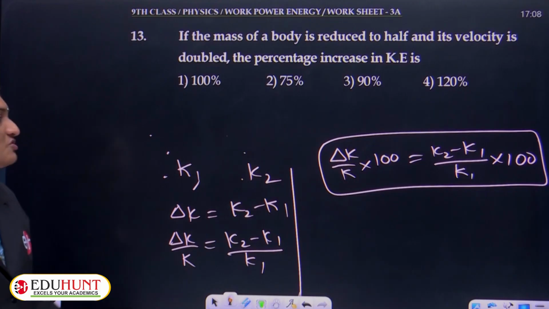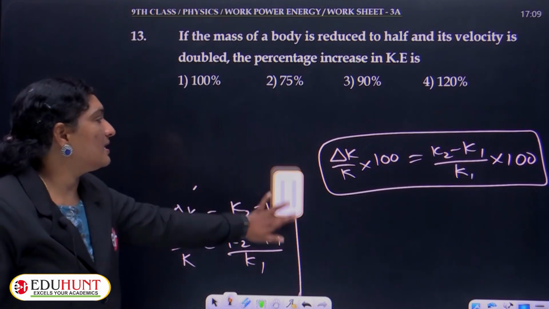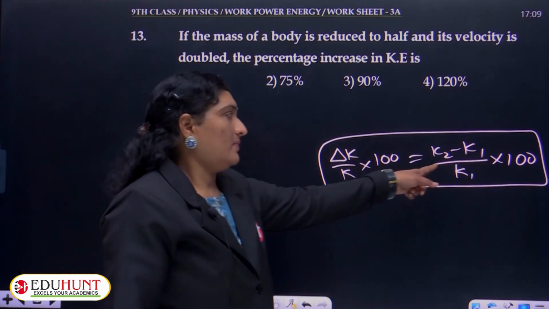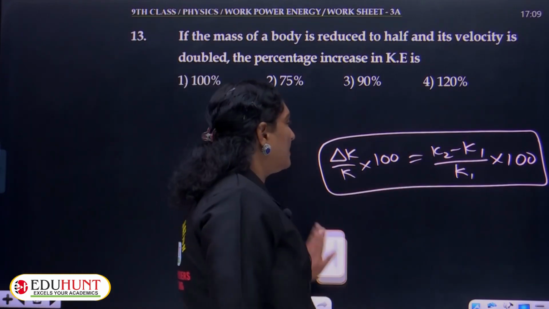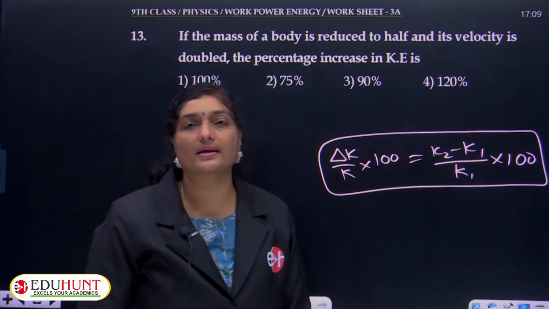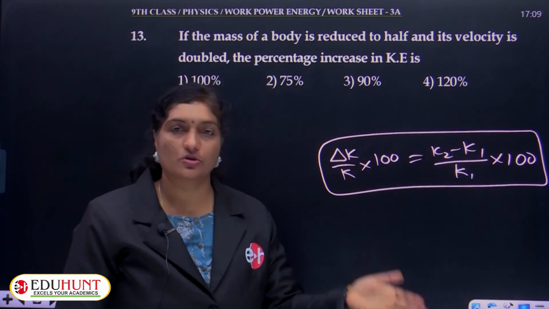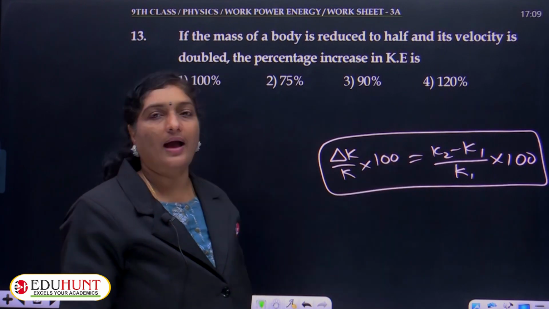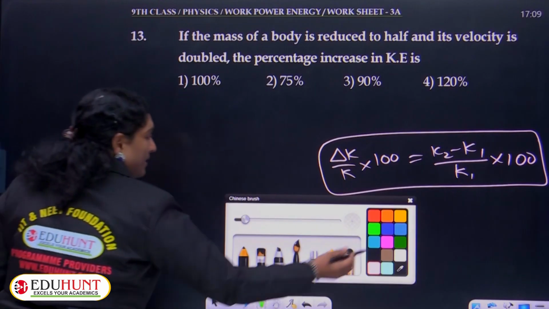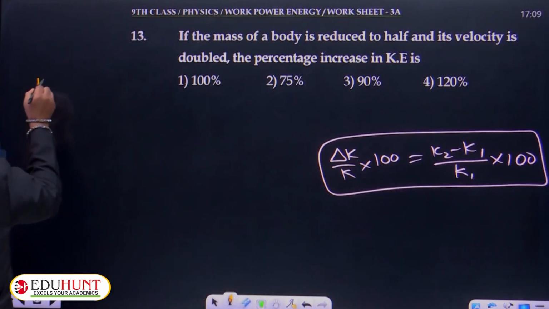So, what is the percentage, children? Percentage increase in kinetic energy can be calculated using the formula delta K by K into 100, which equals K2 minus K1 upon K1 into 100. So, let me write the same formula here, children.